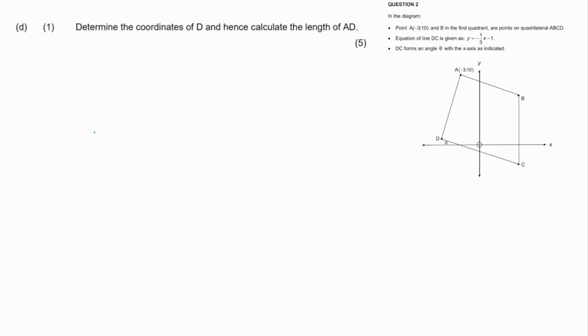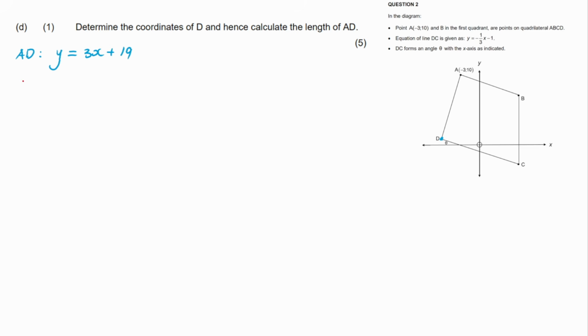Now they ask us for the coordinates of D, and hence calculate the length of AD. So we need to find this coordinate D. We know the equation of this line AD, and we also know the equation of DC. The equation of AD, which we just calculated, was y is equal to 3x plus 19.